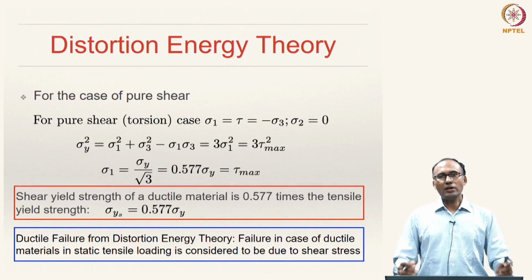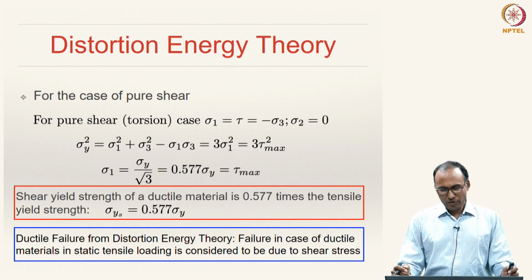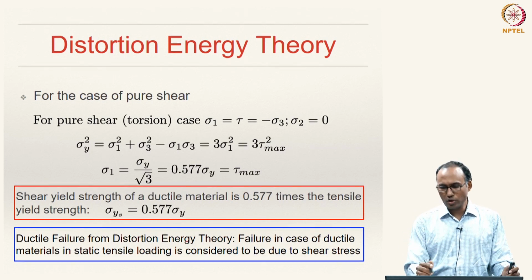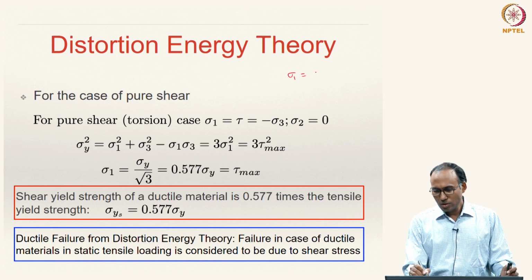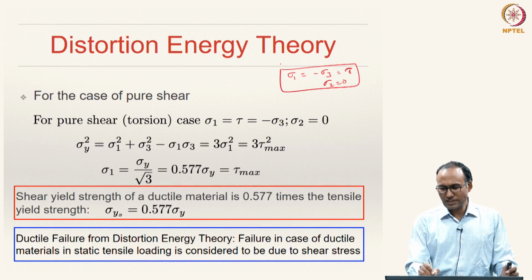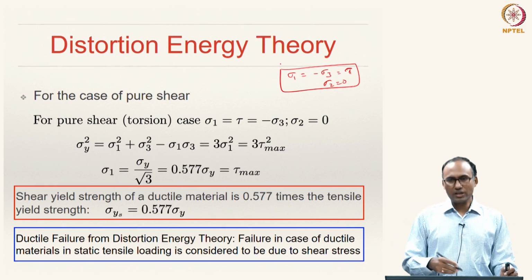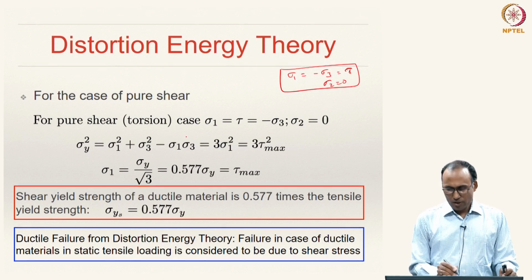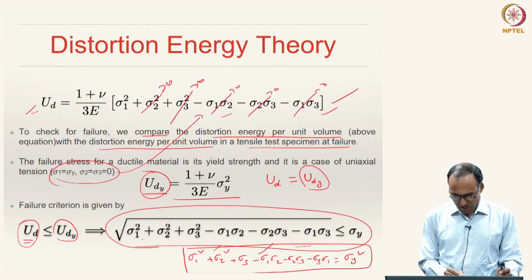Alright. Now let us take a simple case of loading called pure shear. We know that the condition for pure shear is sigma 1 equal to minus sigma 3 equal to some constant, the maximum shear stress, and sigma 2 equal to 0. So for pure shear, when you are applying torsion, you plug that into the expression.